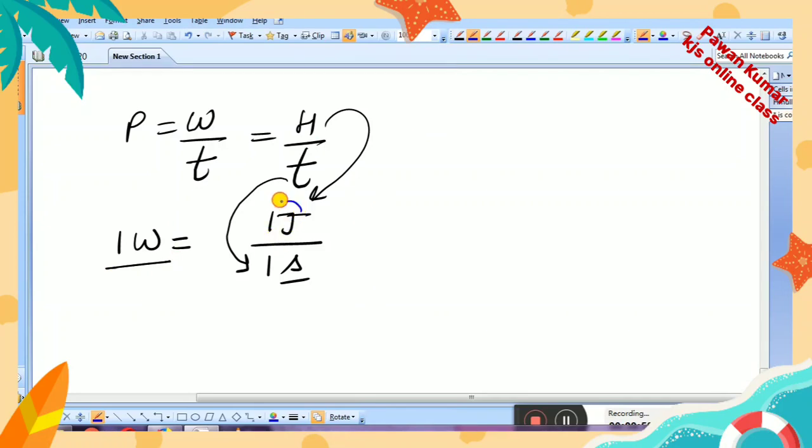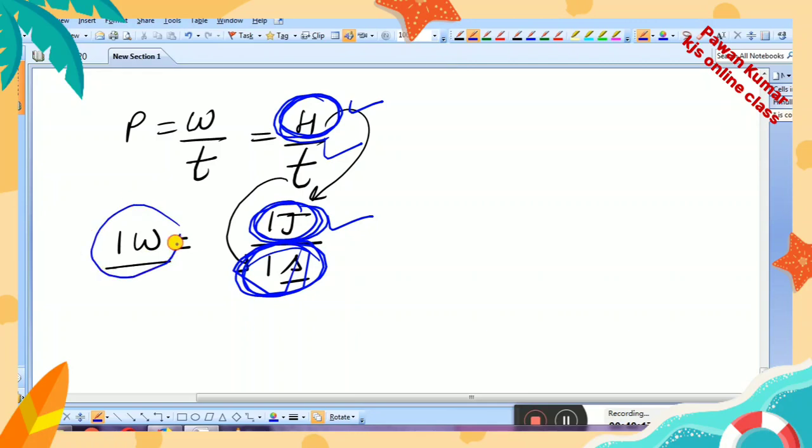So now let us see how we could define it. Look, when 1 joule of heat, or you can say energy, is dissipated in 1 second, then the power of that device is 1 watt.